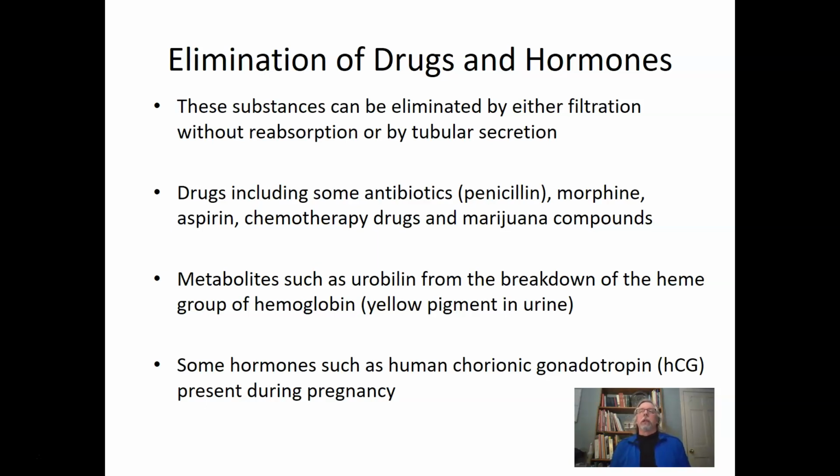So being a protein, it doesn't pass across the filtration membrane during glomerular filtration. The way this protein hormone enters into the urine is through tubular secretion, and then passes into the urine and can be detected by the urine pregnancy test.